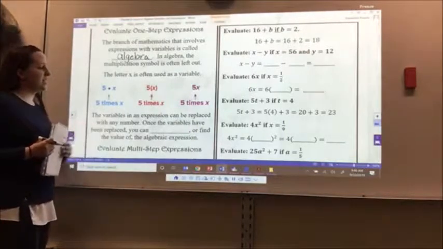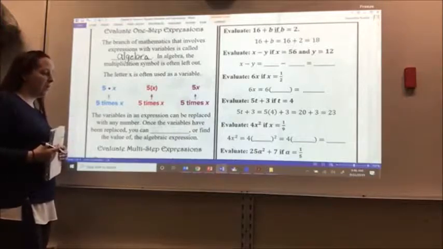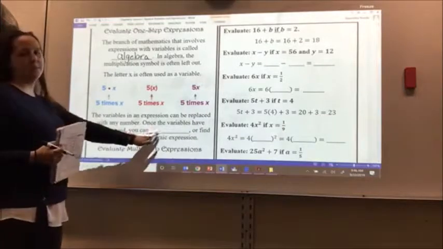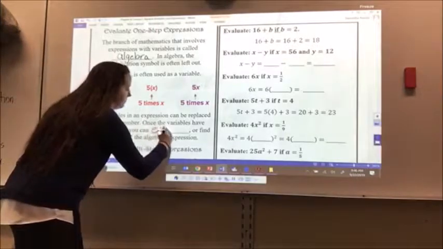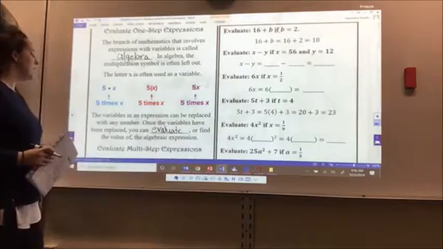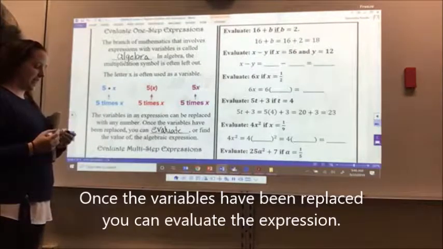The variables in an expression can be replaced with any number. Once the variables have been replaced, you can blank, or find the value of the algebraic expression. In this blank, you're going to write evaluate. So the variables in an expression can be replaced with any number.